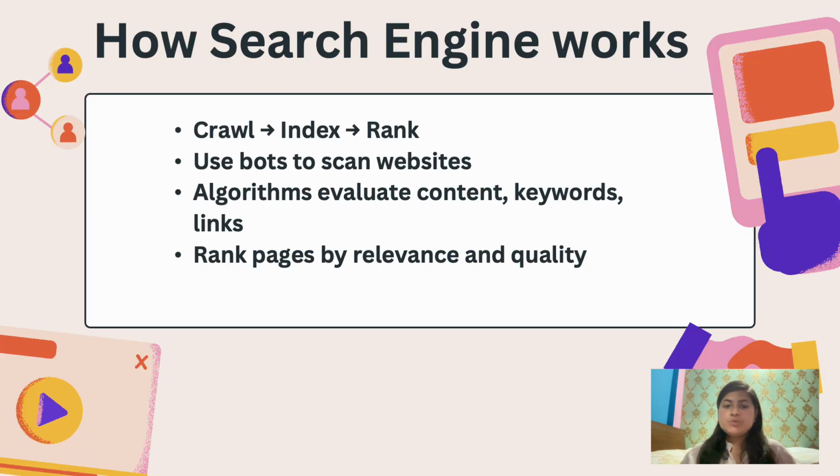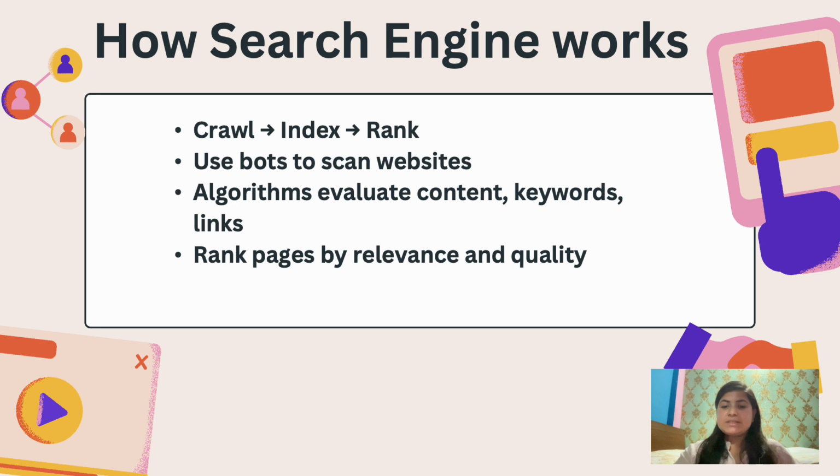Now, moving towards the next slide, let me talk about how search engines work. To understand how SEO works, it helps to know how search engines function. Basically, there are three steps: crawl, index and rank.